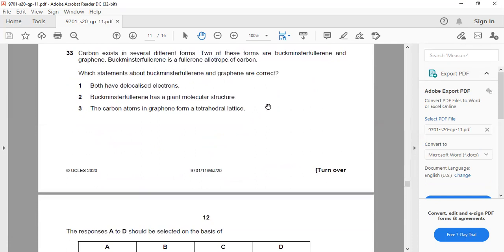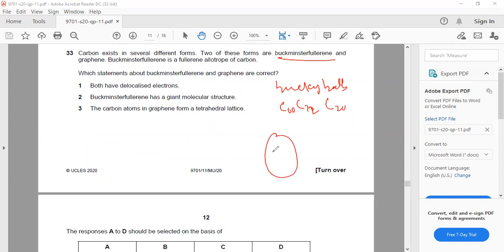Carbon. I don't know whether you revise this or not. Buckminsterfullerene we also call Buckyballs, like carbon 60, carbon 72, carbon 20. A small football-like structure. It has pentagons and hexagons both. And graphene is a single layer of graphite. This is graphene. Chapter number 5, I think, in your book, and according to the syllabus, states of matter.